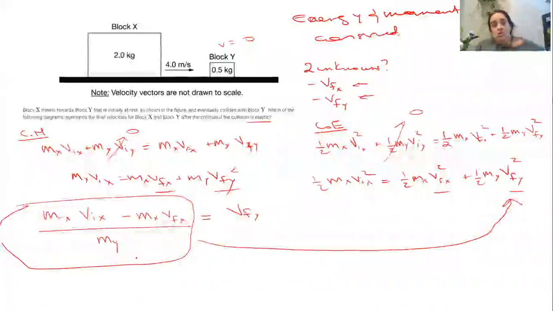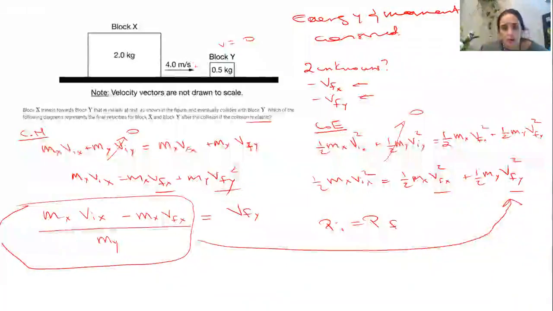So it is possible for us to solve this problem using this method, but when you're solving multiple choice problems on the AP exam, you only have 2 minutes to solve each problem, right? So doing all of this algebra won't be helpful for you. We have to be able to recognize that the initial momentum has to equal my final momentum.